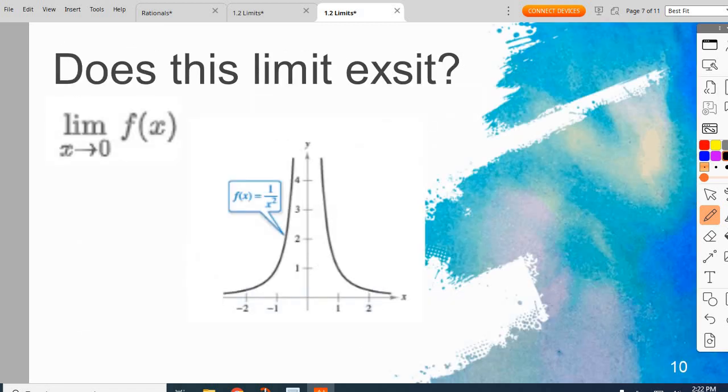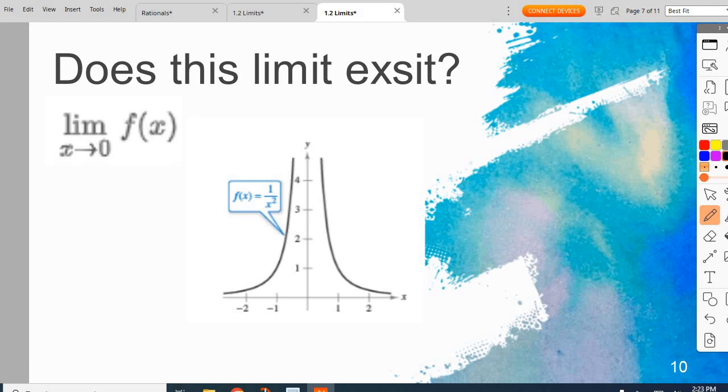Alright, does this limit exist? If so, what is it going for? So what are my y values going towards on either side of 0?